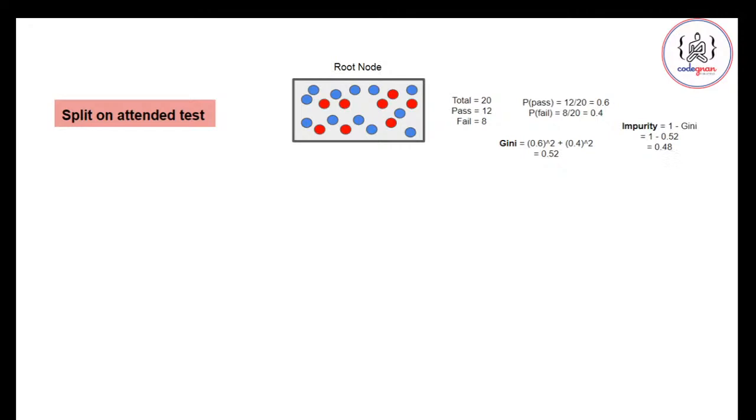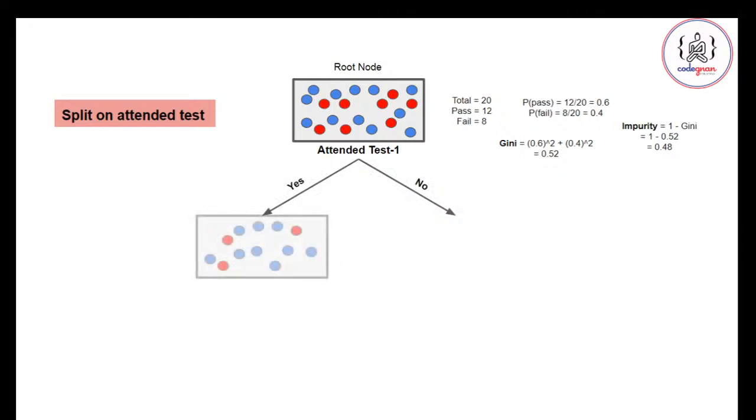Now let's split this on attended test or not. So we have yes, and here, if you see, after splitting you have a total of 12 data points in this left subnode. Considering the red and blue points, the total is 12 after splitting in this left subnode, and pass equals 9, which are the blue circles, and fail equals 3.